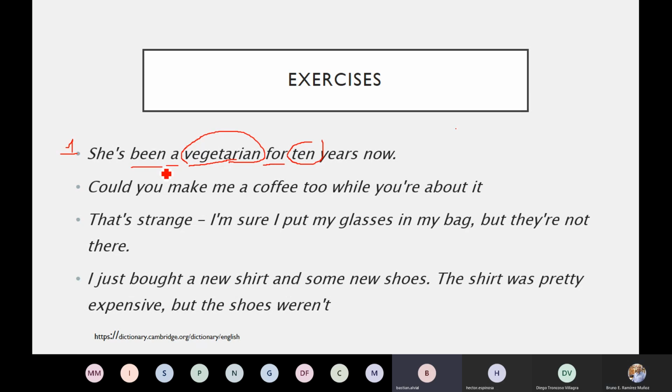I am not sure about now. Is now weak or strong? What do you think? Maybe it's emphasizing that now, but before she wasn't a vegetarian. So it's like, it's good.